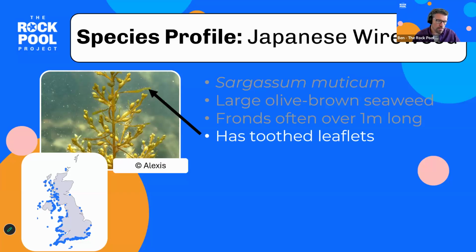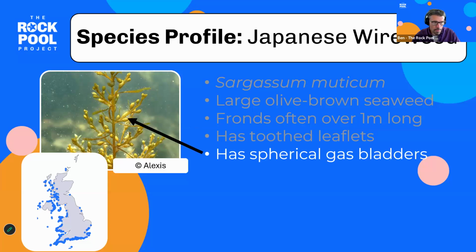Its leaves have lots of little tiny teeth on them, so you can identify them from its leaves. But they also have these tiny spherical gas bladders throughout the seaweed, and that's quite diagnostic. And typically, it'll be pretty clear when you find them.